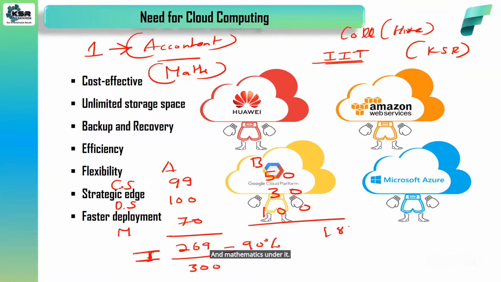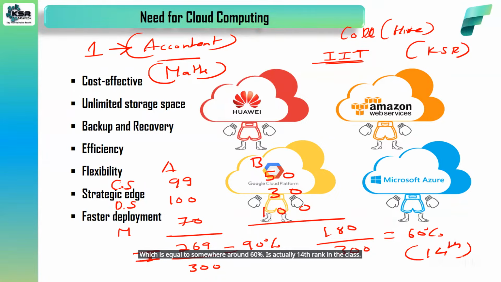So total 180 by 300, which is equal to somewhere around 60%, and is actually the 14th rank in the class. Tell me, will I hire A or B? B. Because you need someone who is good at mathematics.